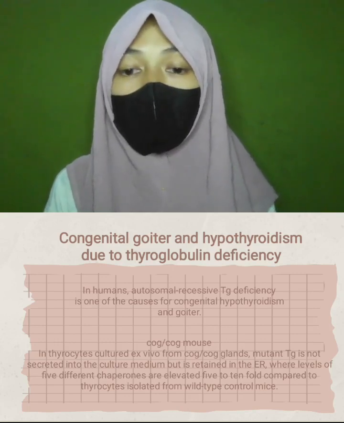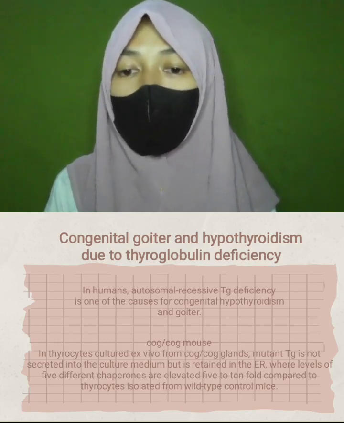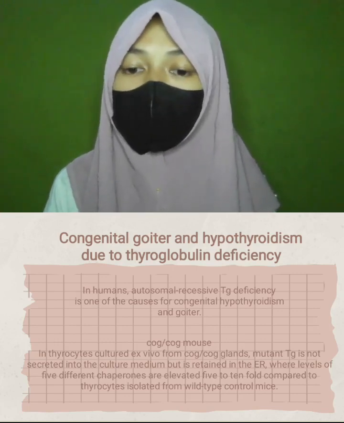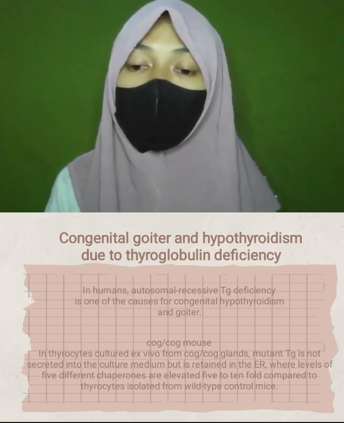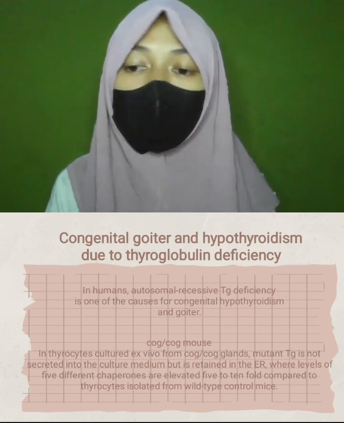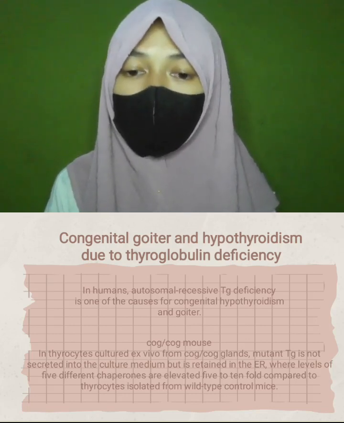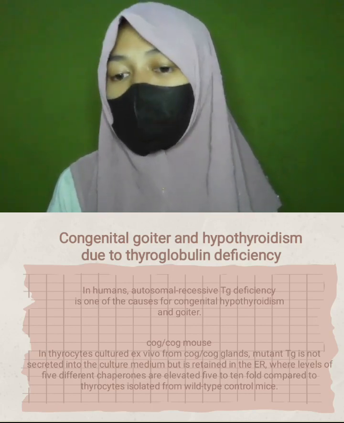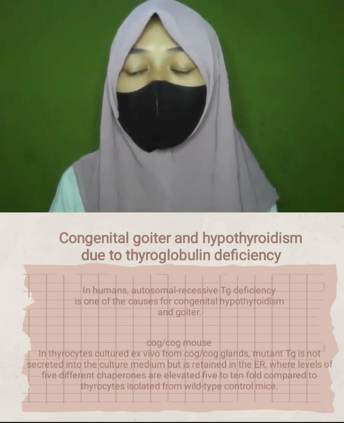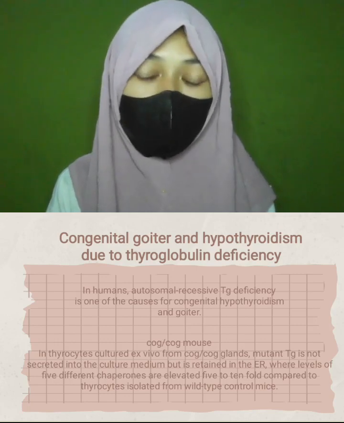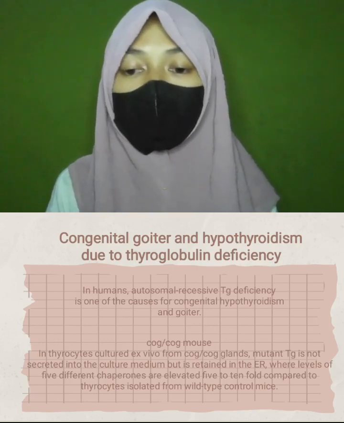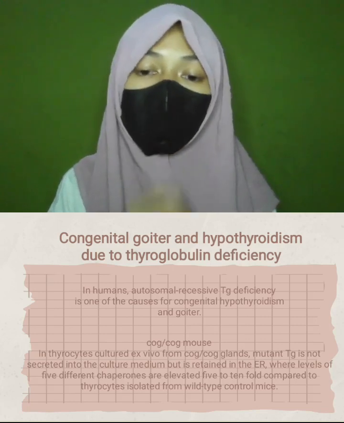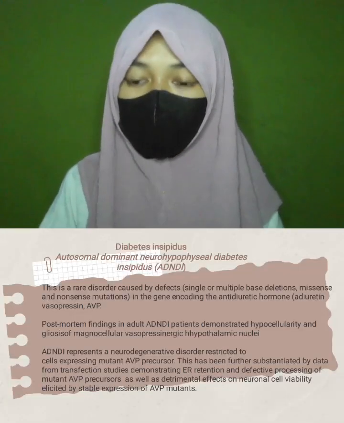Thus, unlike in A1 antitrypsin deficiency with liver disease or familial neurohypophyseal diabetes insipidus, the retained TG in these instances of congenital hypothyroidism does not seem to cause cellular damage. Rather, the phenotype is explained by the mere absence of TG and hence circulating thyroid hormone.